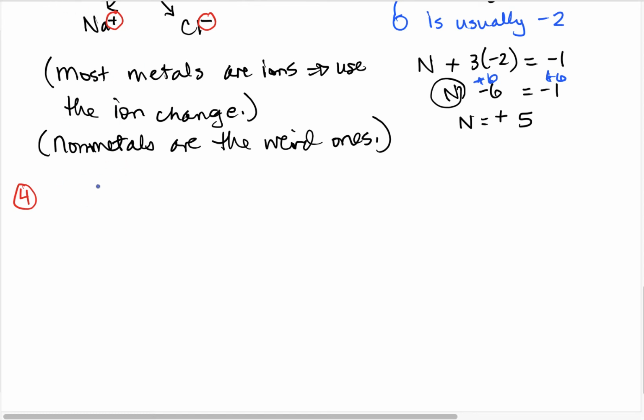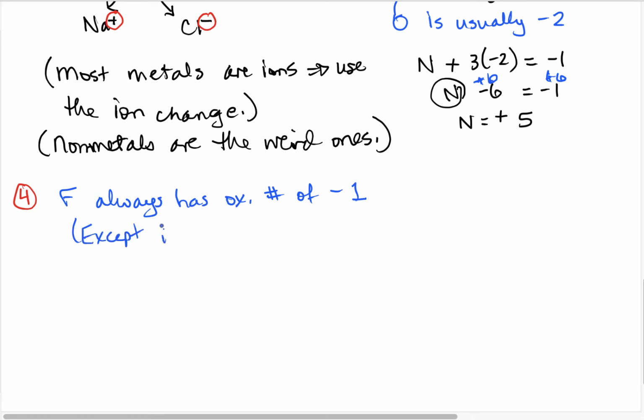So rule 4 is super easy. It's about fluorine, and fluorine is a very nice, simple element. It always has an oxidation number of -1. Well, I mean, okay.